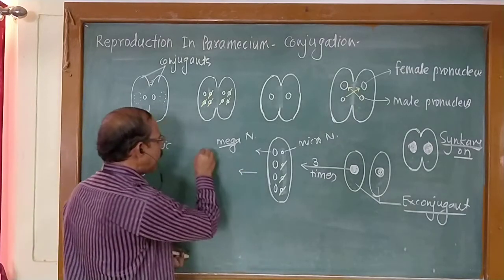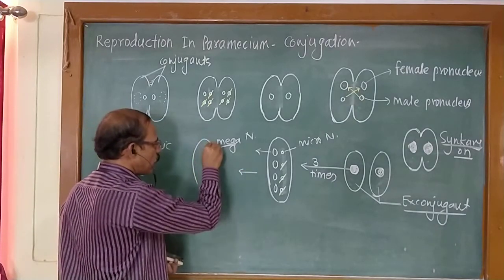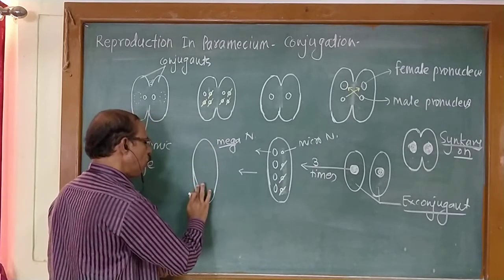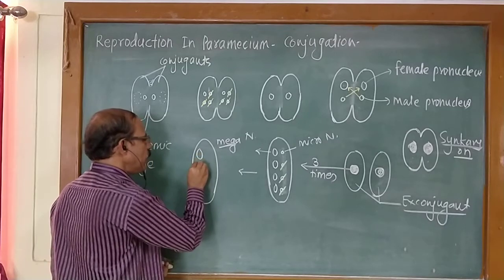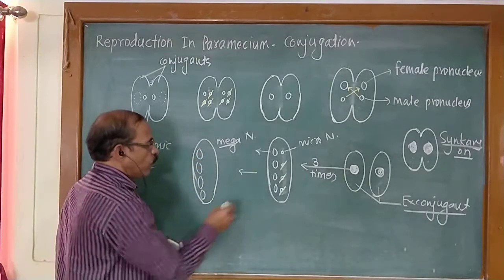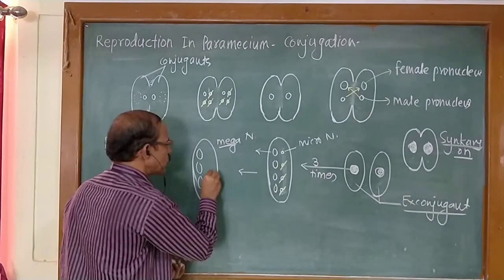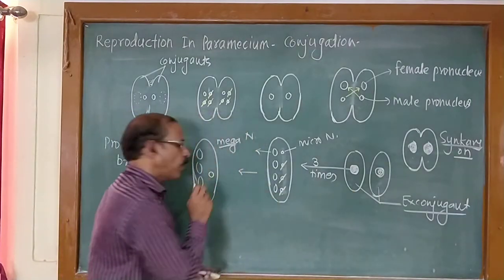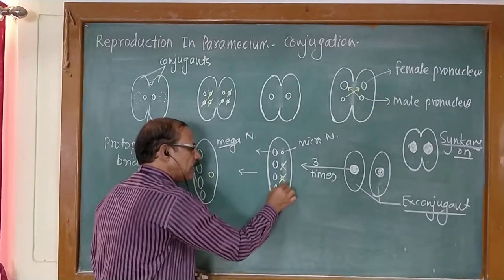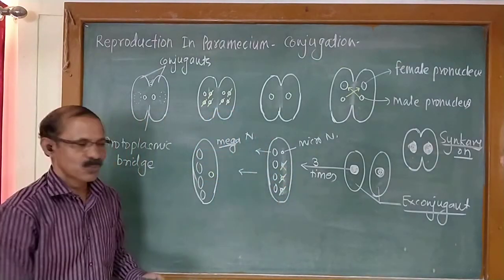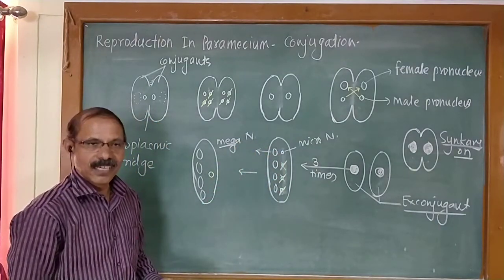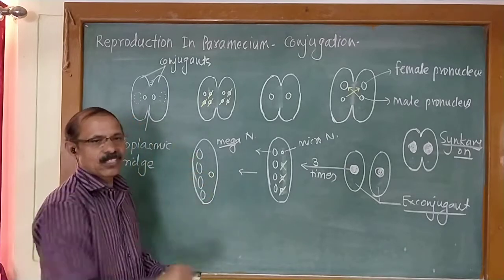Now the ex-conjugant is having 4 meganuclei and 1 micronucleus, because these 3 are disintegrated. So 4 mega and 1 micronucleus remain in each ex-conjugant.